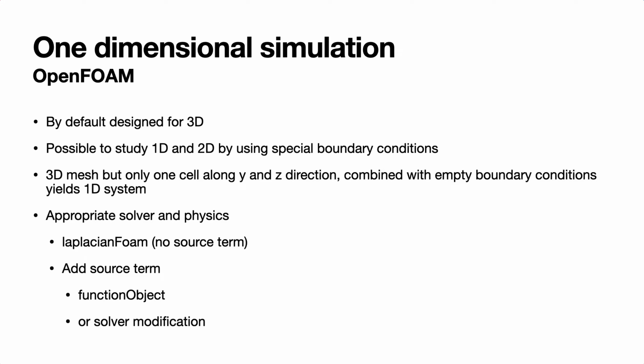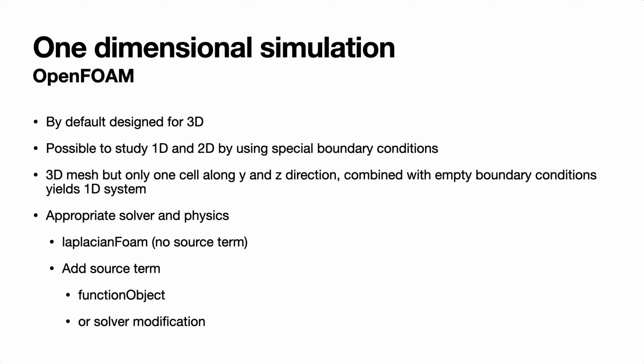Other than that, we need to find an appropriate solver which represents the same physics. For example, the Laplacian form solves the Laplacian, but it does not contain any source term. So that's why we need to add a source term, and there are two options.